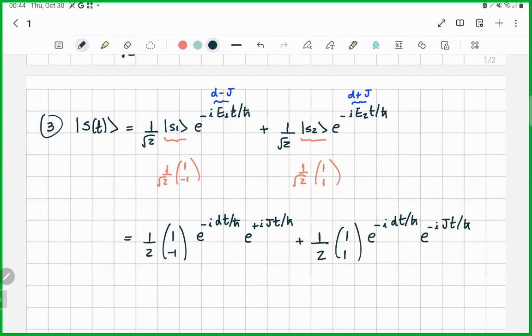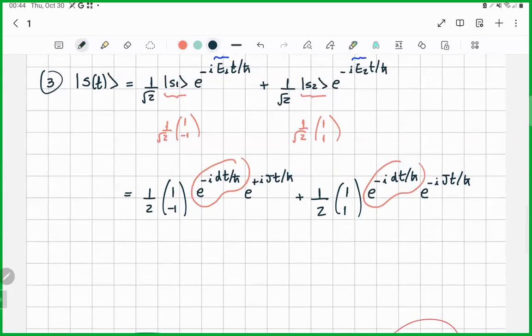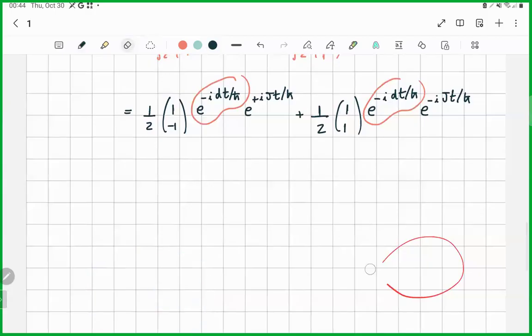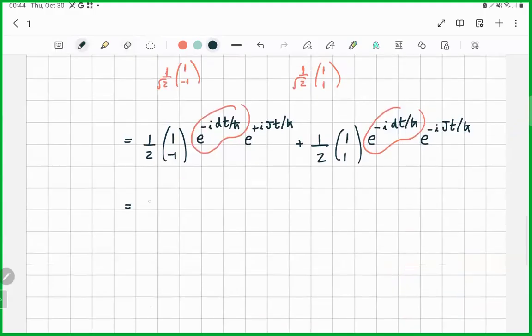Why did I split the exponential like this? Because you can see that this is common to both. So I'm going to write our vector. Let's erase those things. Let's write our vector S. Both terms have this i D t over h bar in common. And now I'm going to put everything inside the vector.